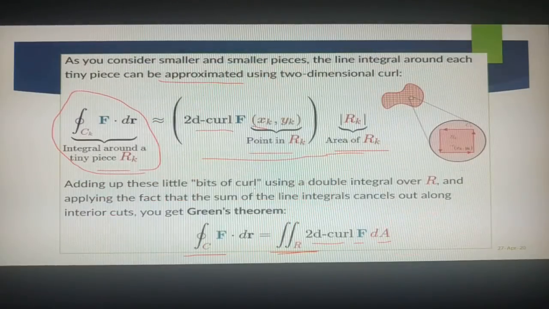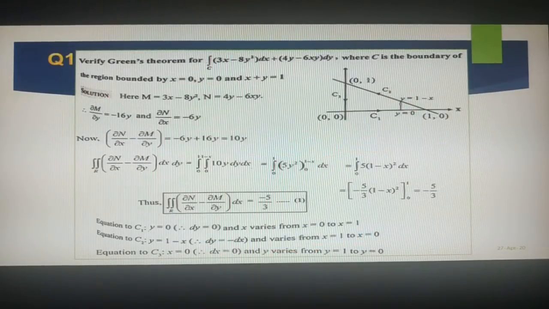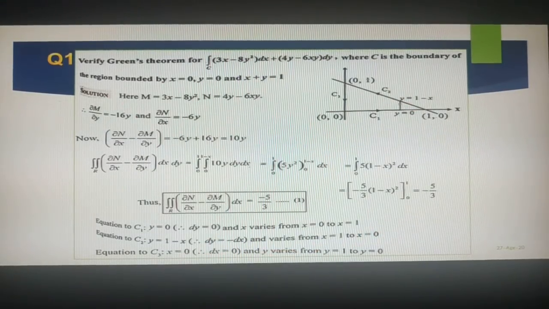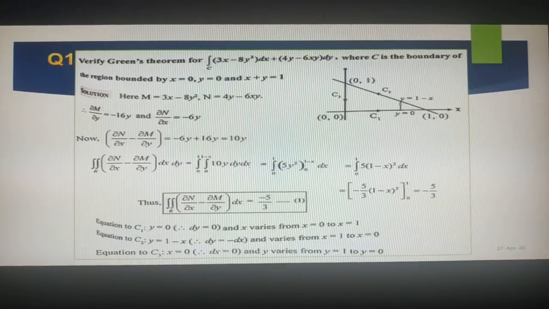That is what we explained here. Please go through it, and let's see some examples to understand Green's theorem.